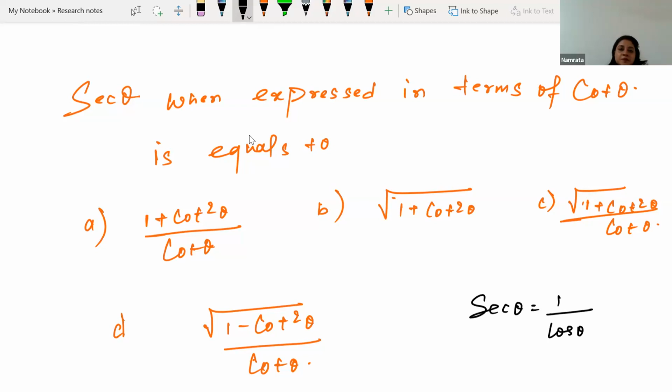Can we say that sin theta by cos theta would give us... Basically, there is an easier way to go ahead. Do you know any identity which is related to sec theta? An identity related to sec theta.